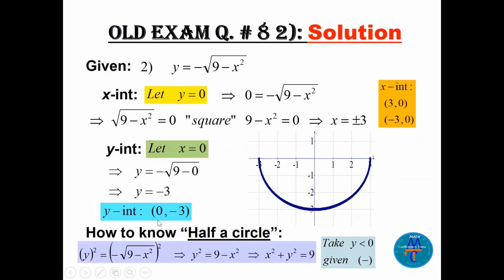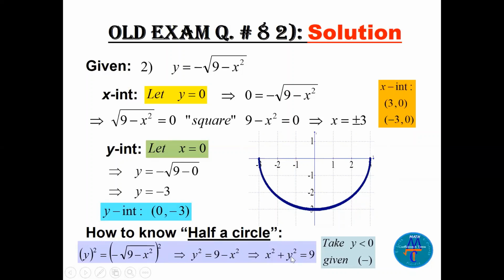Take the equation, this one here, and square it on the side. See, we cannot just square it because when you square it, look what will happen. Square this, you get y squared is equal to 9 minus x squared. Rearrange it, x squared plus y squared is equal to 9. That's a circle.